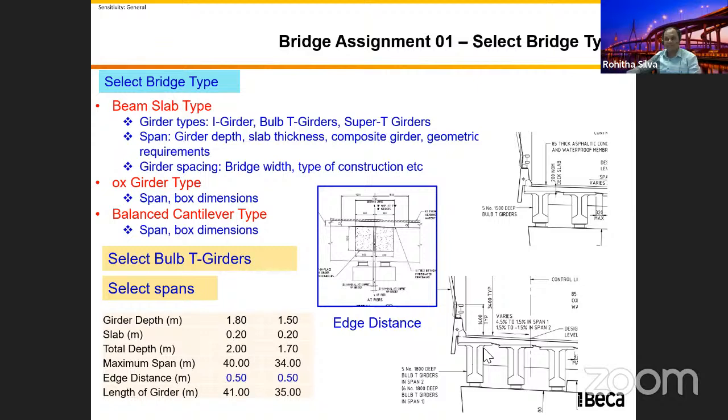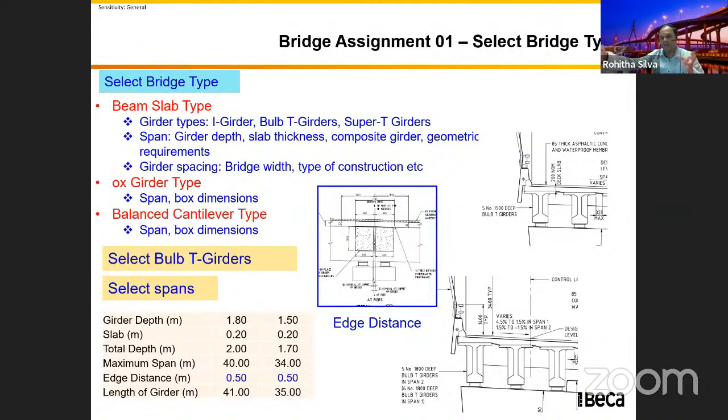Therefore, in our design, when you put the live load, the girder depth is not 1.8 meters, the girder depth is 2 meters. So the total depth of the girder is 2. Then we are building I girders using simply supported beams, right?